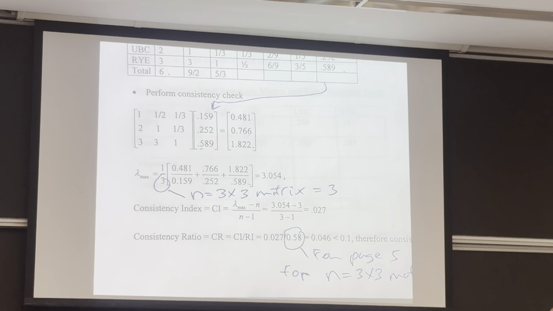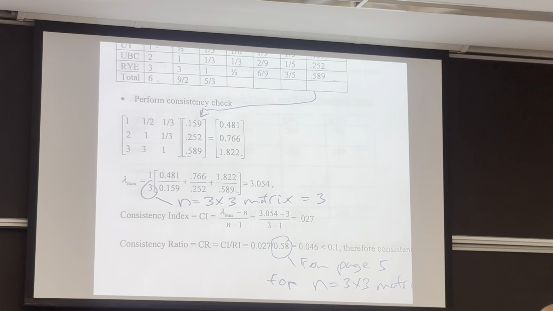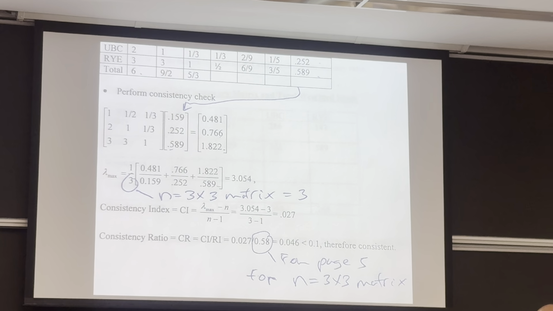And the value is less than 0.1, and so her comparisons between the universities in terms of quality are consistent.